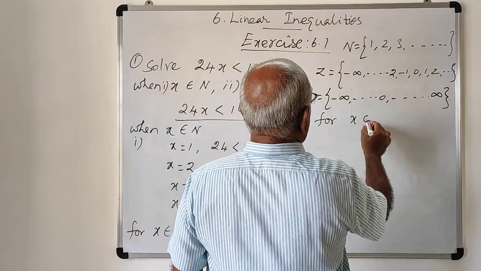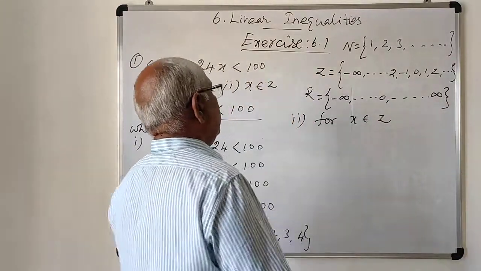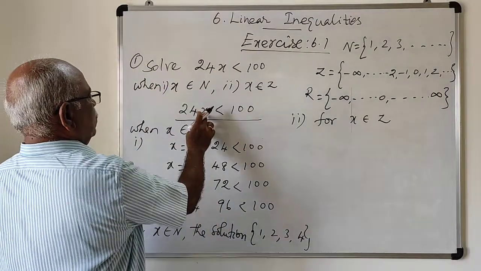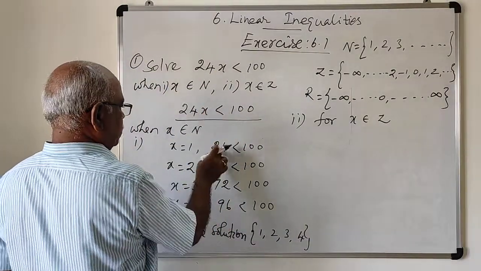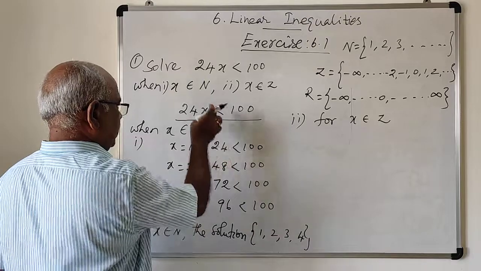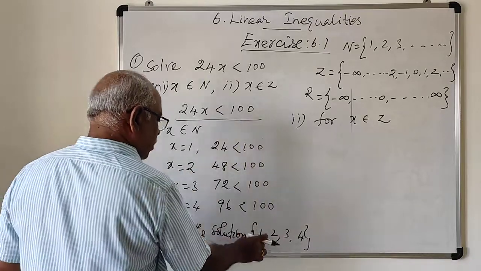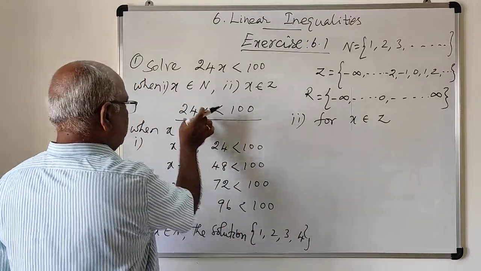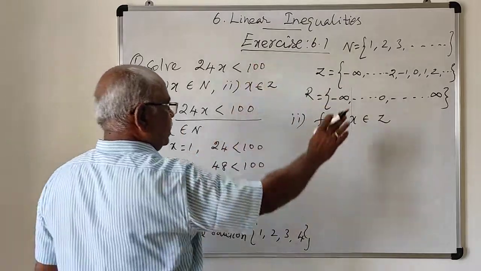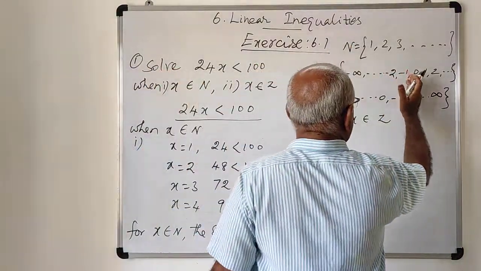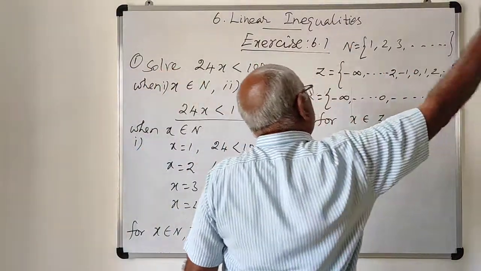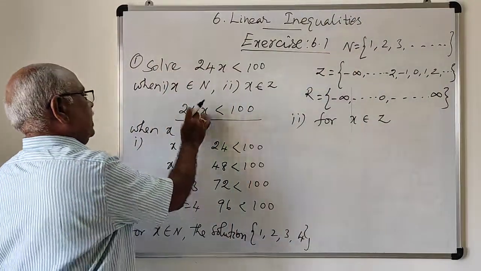For x belongs to the set of integers: if you put x equal to 1, 2, 3, 4, all these numbers satisfy the inequality. 5 does not satisfy, so integers after 5 do not satisfy the inequality.